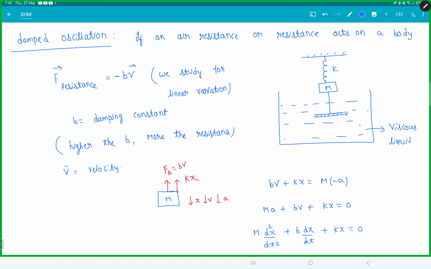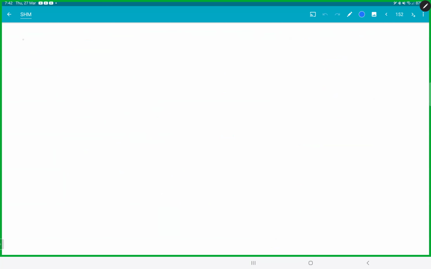This is a differential equation. So if you put b is equal to 0, it will become your regular SHM problem. If b is not 0, this is something else. So for this, you will learn in maths, we have a chapter called differential equations. So for this thing, the solution comes out like this.